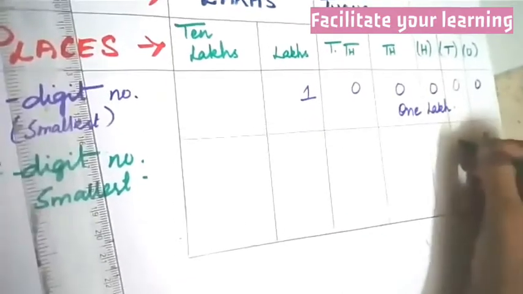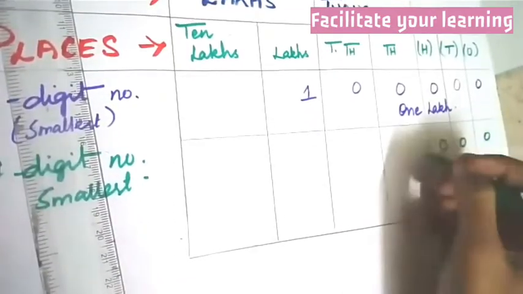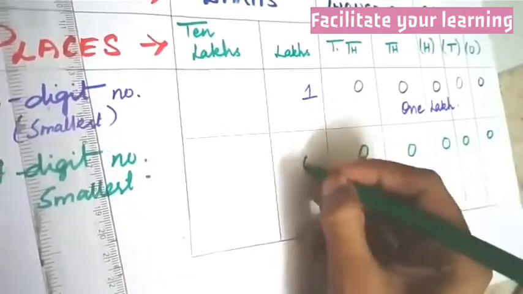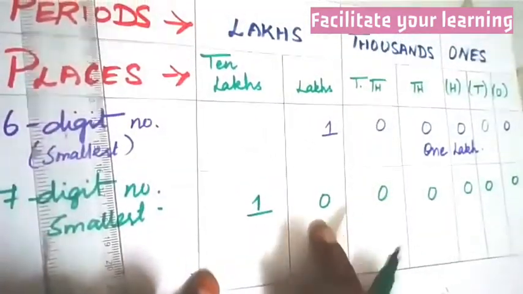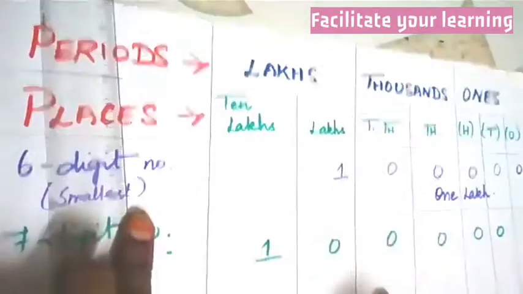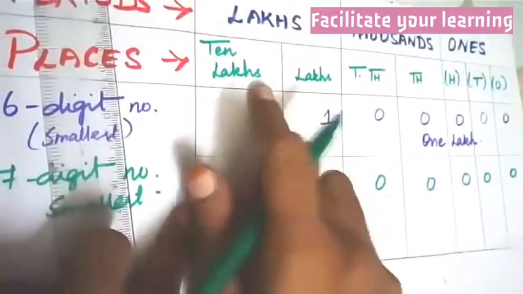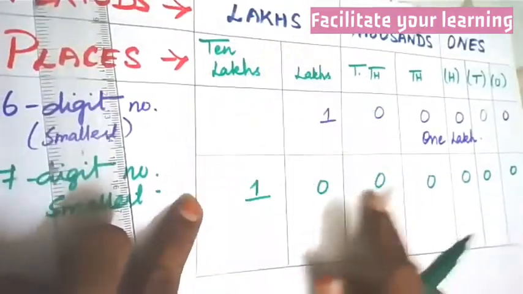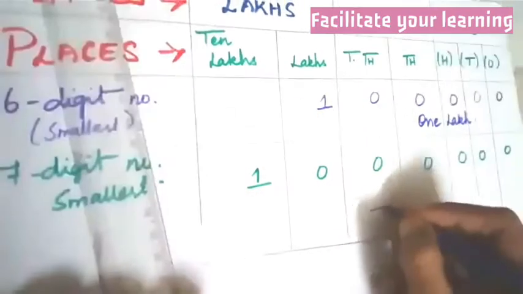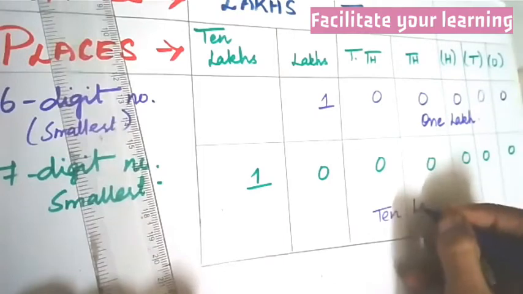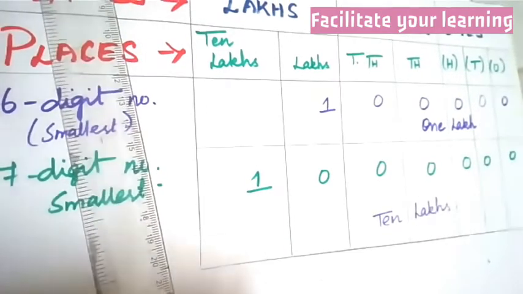And I am writing the smallest 7-digit number in the place value chart, and it looks like this. And you have to read the smallest 7-digit number as 10 lakhs.